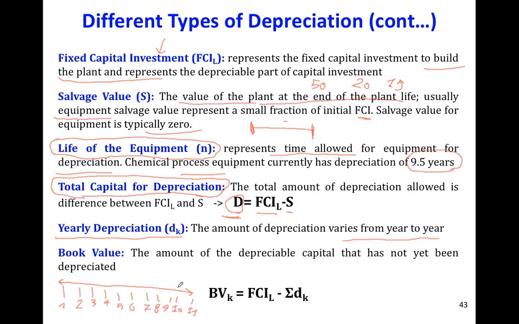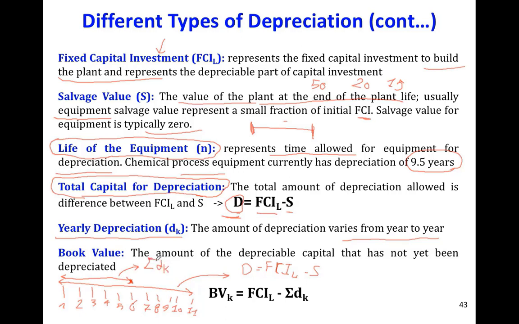This is the total depreciation, the difference between fixed capital investment minus salvage value. But if I calculate the depreciation up to year 6, that will be the sum of the depreciation until year 6.